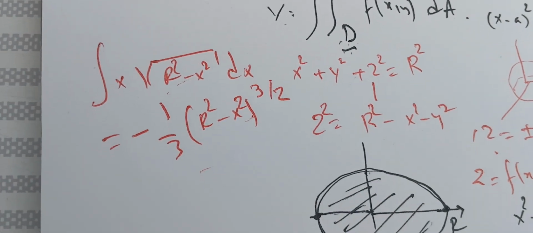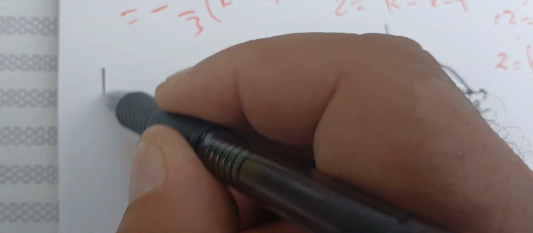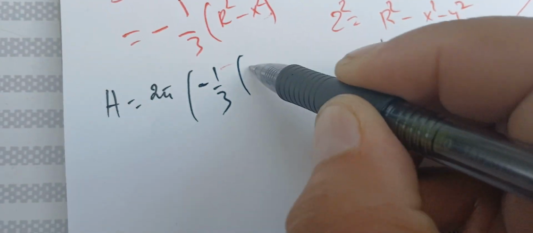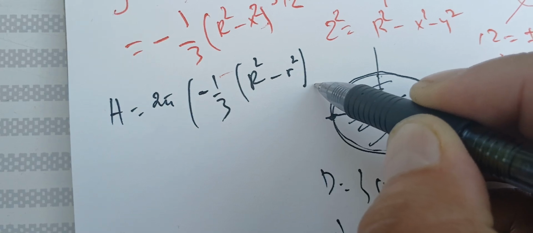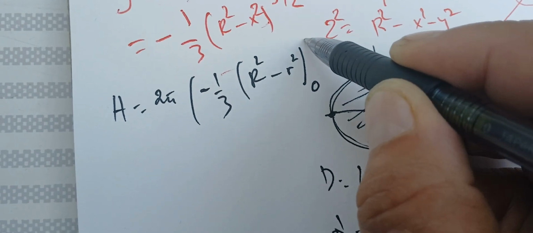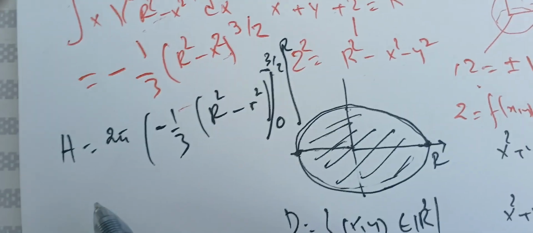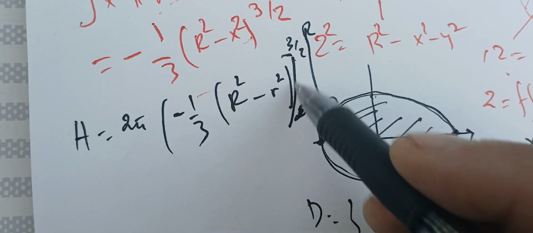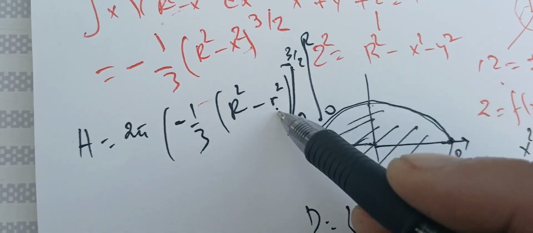Doing so, now we have the value of H. It's going to be 2 pi times minus 1/3 times (big R squared minus small r squared) to the power 3/2, between 0 and big R. When small r squared is equal to big R squared, we have 0.